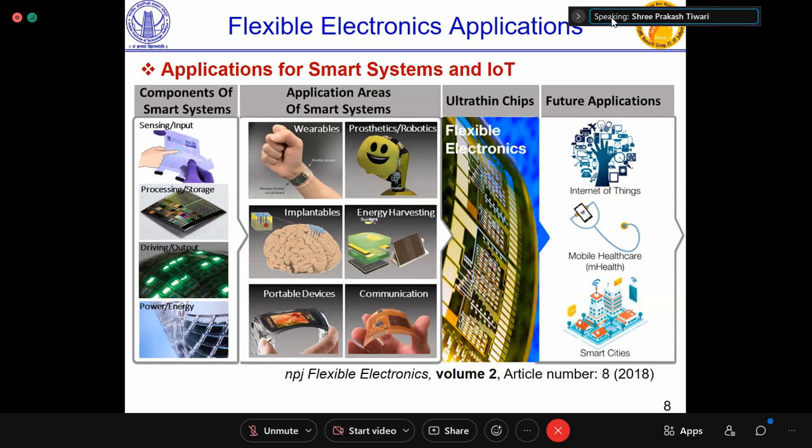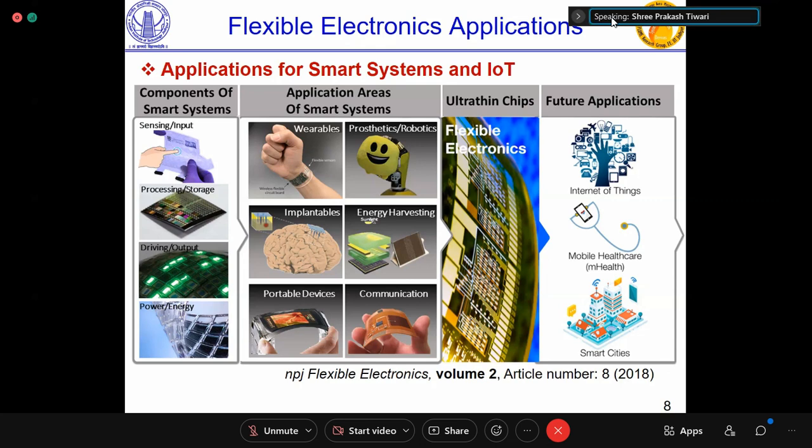Frequency could be much smaller, but still it can transmit the data somewhere, and that could be used in, say, real-time applications, real-time health monitoring, or real-time decision-makings, and so on. In between, you can think about wearable systems, prosthetics, robotics, something which is implantable, somewhere where printed batteries, energy harvesting, and then communication modules itself on flexible substrates.